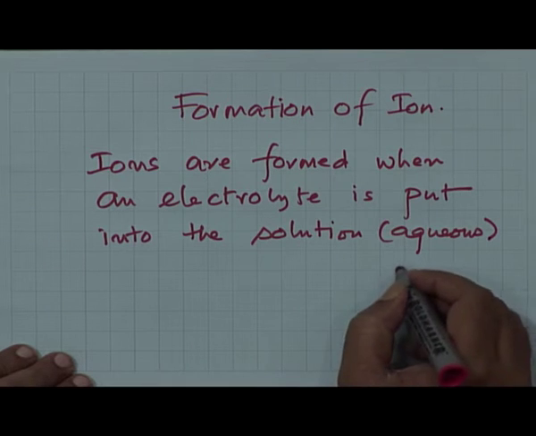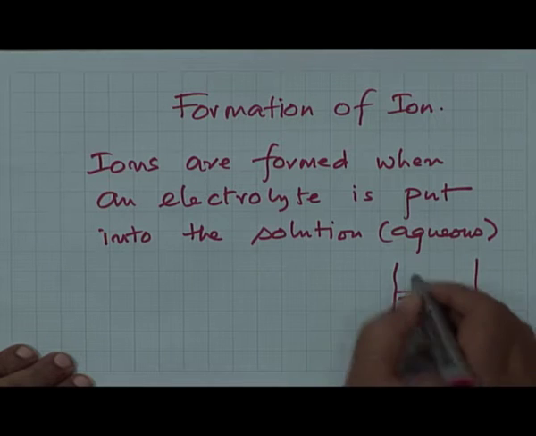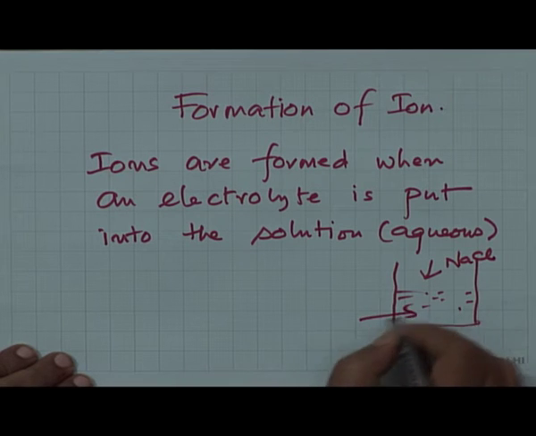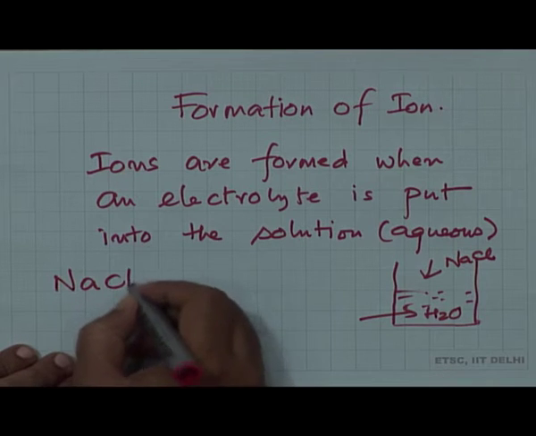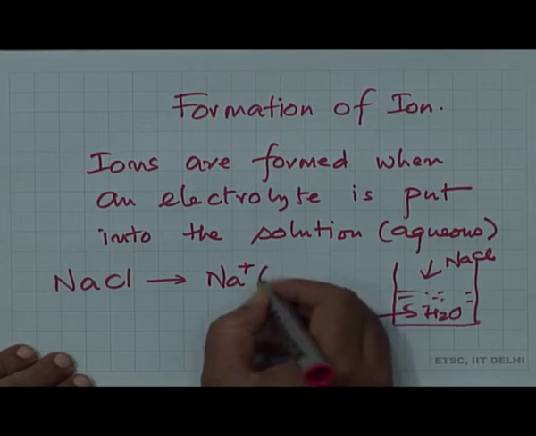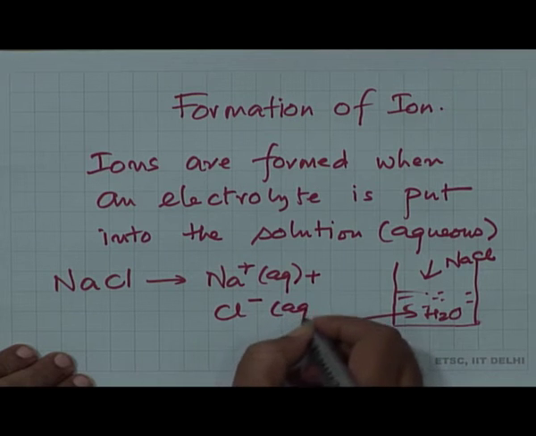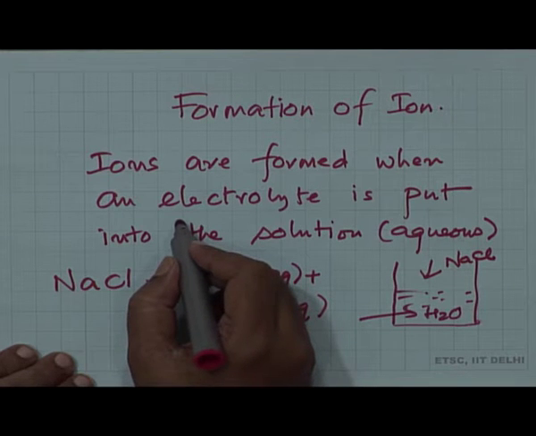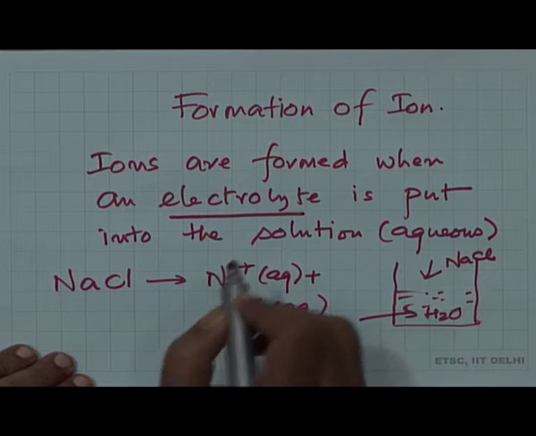For example, if we put NaCl in water, NaCl will break and ions are formed: Na+ aqueous plus Cl- aqueous. So, ions are only formed when an electrolyte is put into the solution.